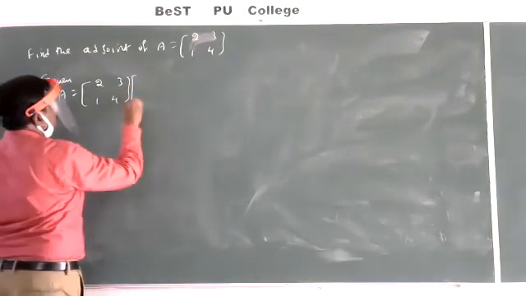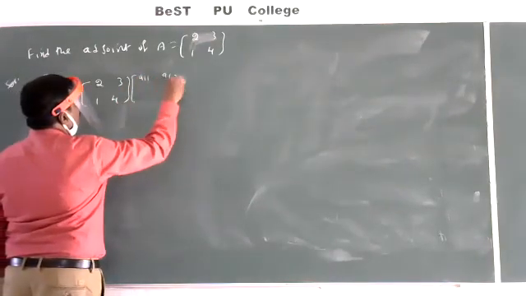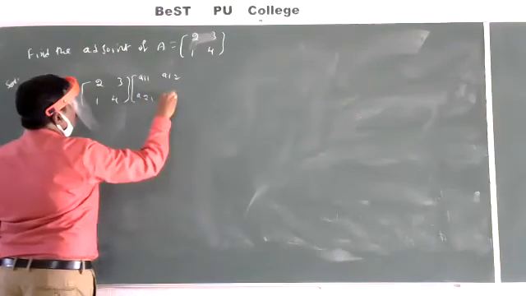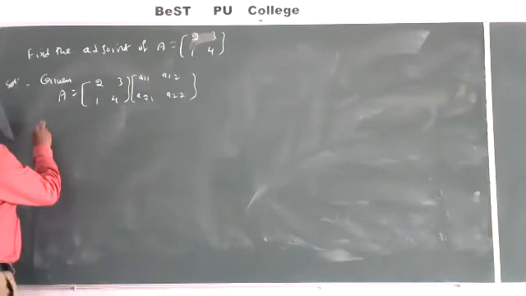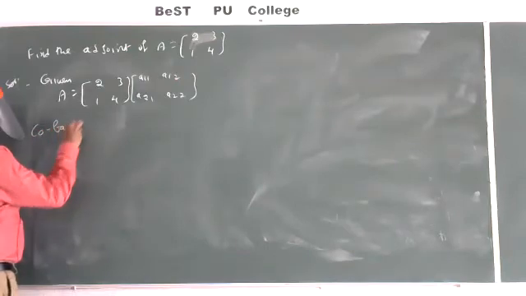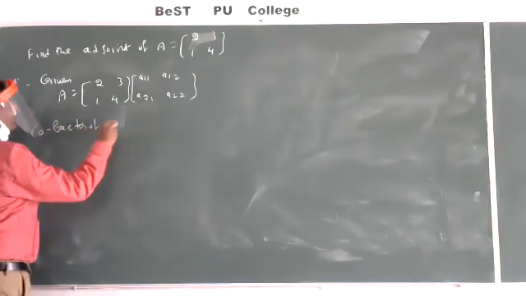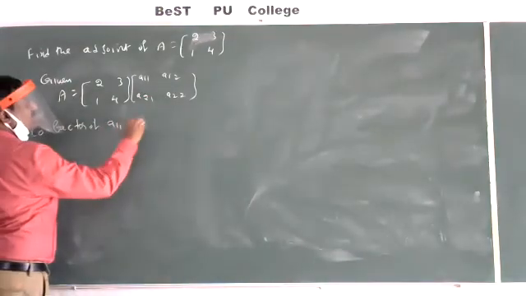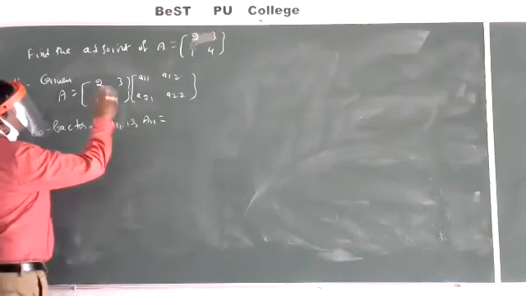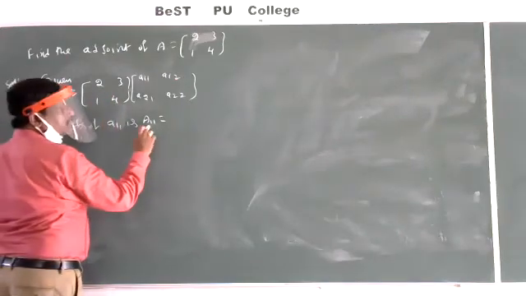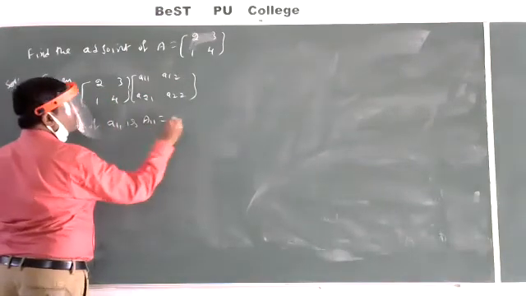This is a11, a12, a21, a22. Cofactor of a11 is capital A11. Here, leave this row and column, 1 plus 1 is even, so directly write it.